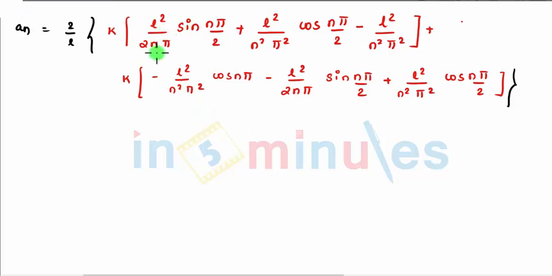So here what I can say, L square divided by 2n pi sin n pi by 2, L square divided by 2n pi sin n pi by 2. Anyways k is multiplied to both, so I say this term and this term gets cancelled. L square divided by n square pi square cos n pi by 2 and L square divided by this, so this both gets added.